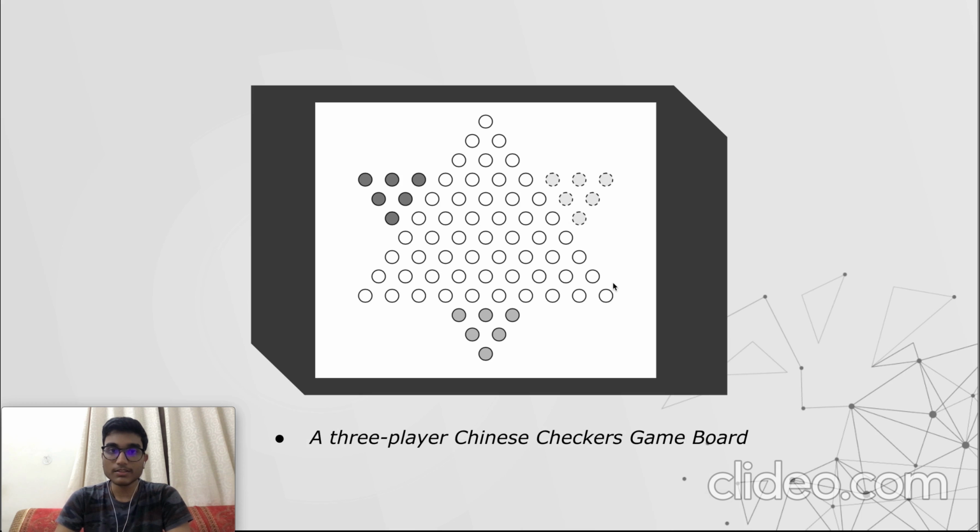And this is the initial picture of a 3-player Chinese checkers game board. Here each player is given an initial base and 6 pieces, and the goal is to reach the opposite side of the board. The first player who manages to do that is considered the winner.